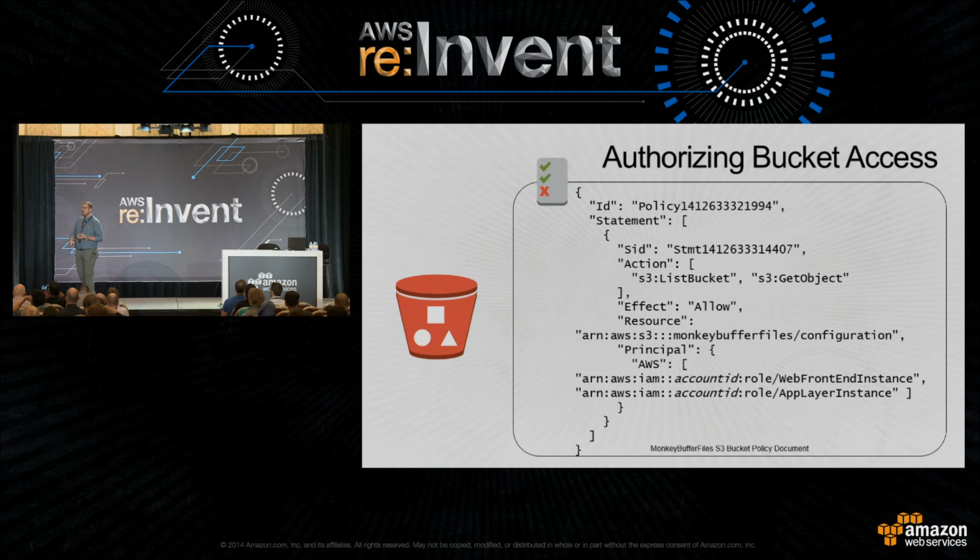And then we have to actually create an access policy on the bucket, which is going to let this role work. So we create list bucket and get object for the configuration folder, and then we can define the principals as our 2 roles that need to have this power.